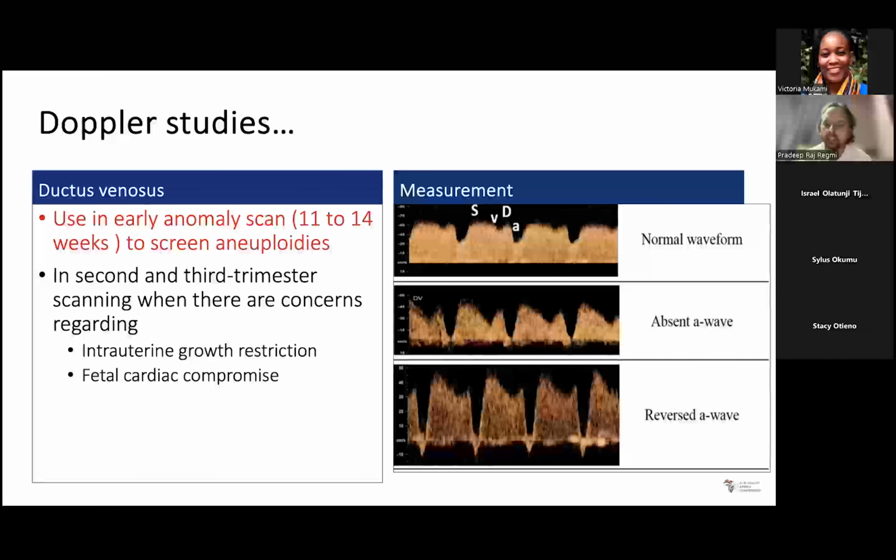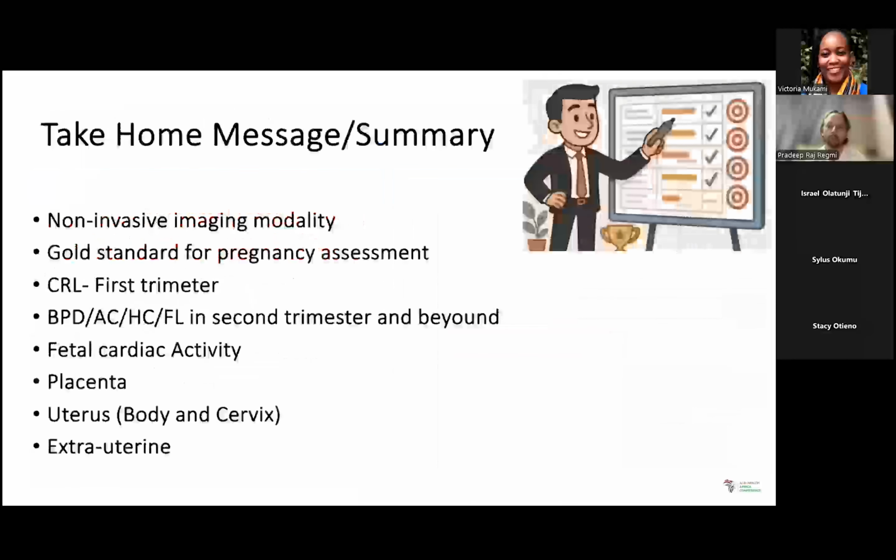This is the normal waveform, and if it is abnormal or there is reversal of the wave, then it is a concern regarding intrauterine growth restriction or fetal cardiac compromise, signifying that the fetus can have Down syndrome. So these are the common parameters we provide to the clinicians.